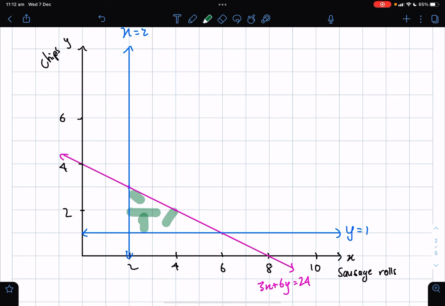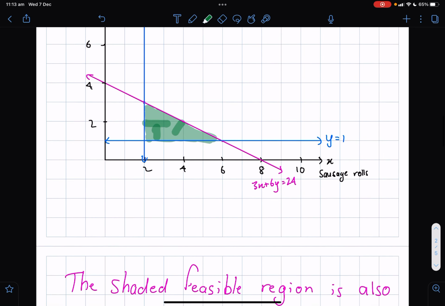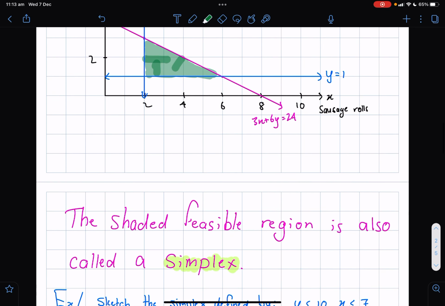So it's actually this region in here. So my feasible region has gotten much smaller, if you can remember back to last time, okay? So we're looking at different inequalities of x, y, and my equation, and we're changing the shape of our feasible region, all right?